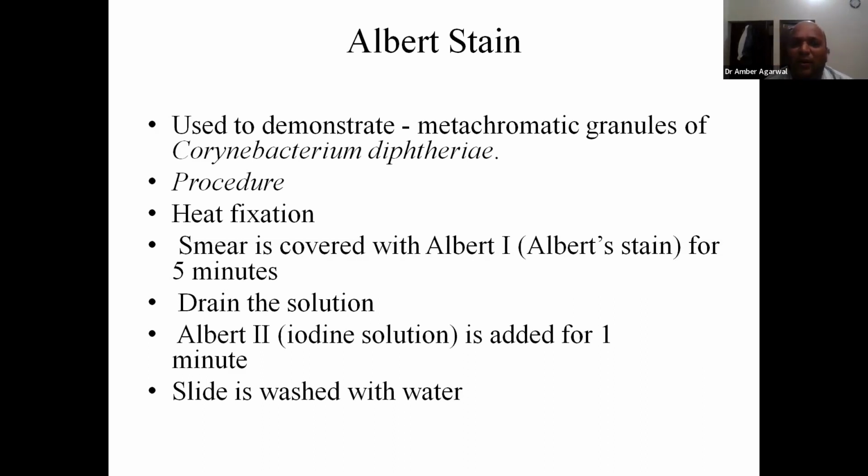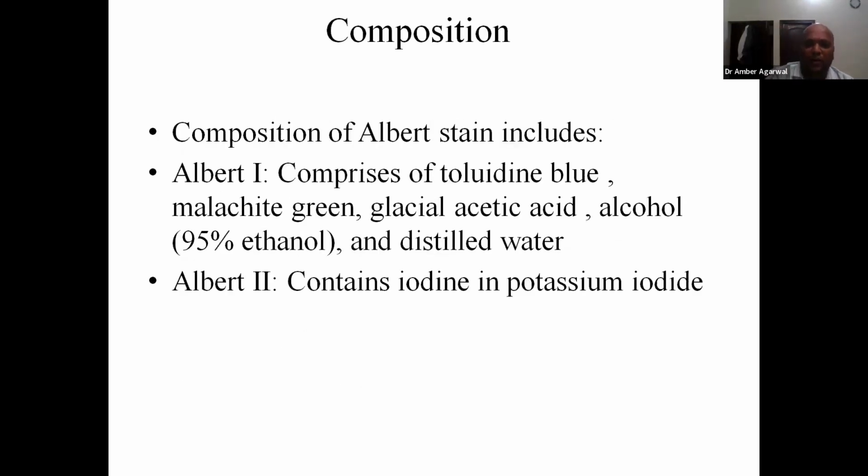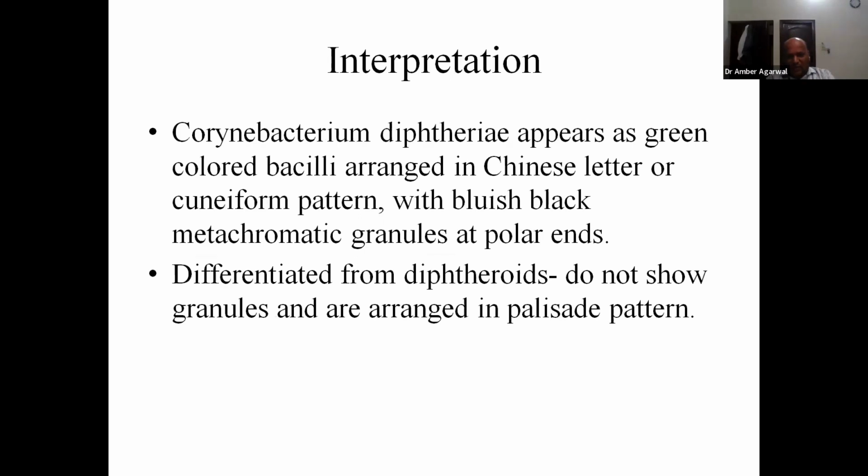So there is a procedure. Initially, the stain has to be made. The smear is covered with Albert 1 and Albert 2. Someone calls it Albert A and Albert B. Then you look for bacilli which appear as green colored bacilli arranged in Chinese letter pattern. Now, most commonly it has to be differentiated from diphtheroids.